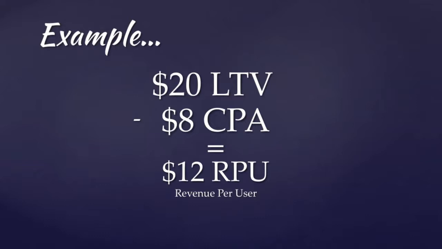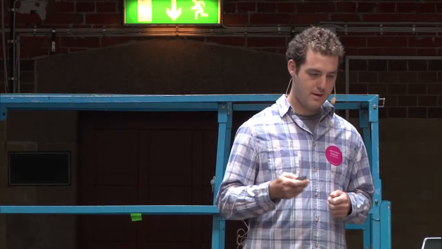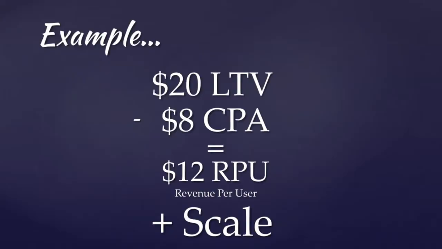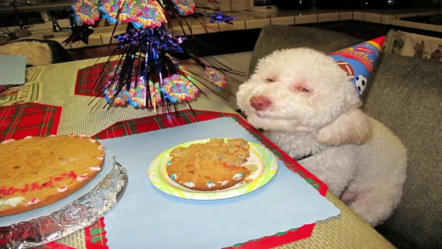That means for every 8 kronas that we spend, we are actually earning 12 kronas revenue per user. Okay? And if we're able to do that at scale, in this example, we'll be very happy. Okay? So let's dive in.